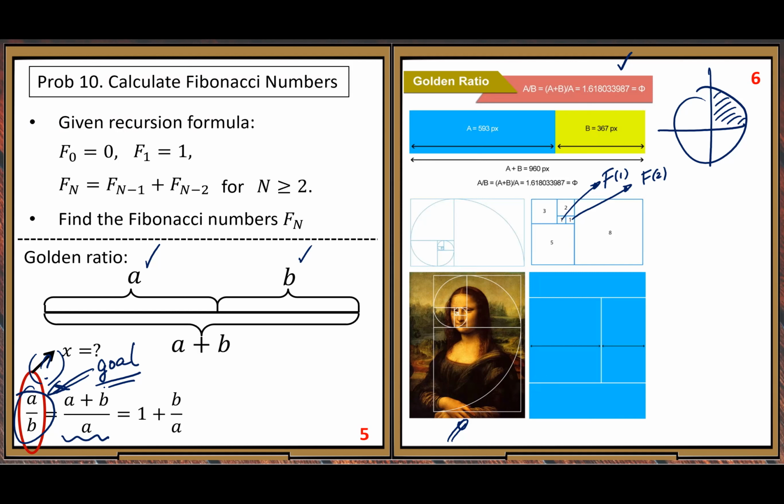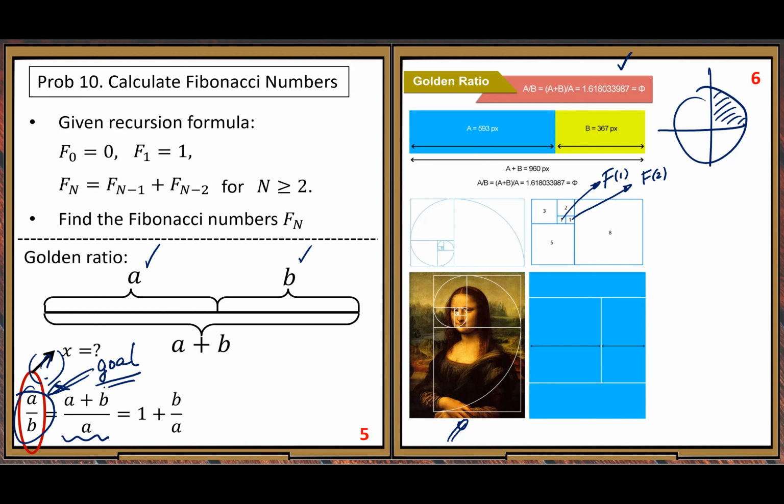Because here, with A over B, we need to deal with two variables, an A variable and a B variable. But we only have one equation for two variables, so it's not easy to find a solution.